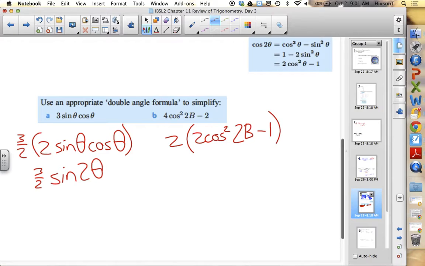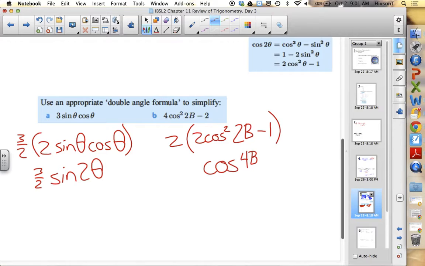Now look at this: 2 times the cosine squared of some angle minus 1 equals cosine of double whatever that angle is. We're finding the angle of 2b. Can't you just say that that's cosine of 4b? Yes. Double this is cosine of 4b.